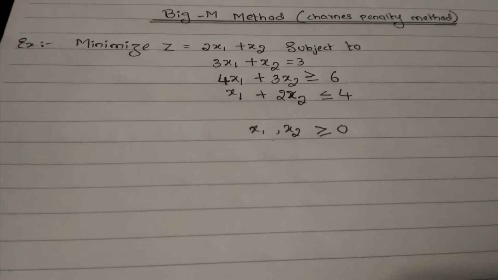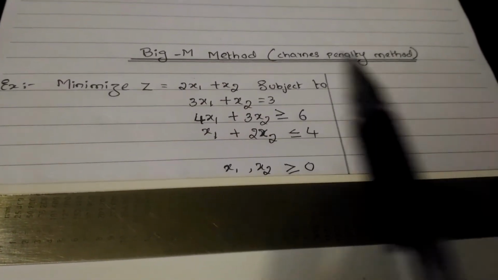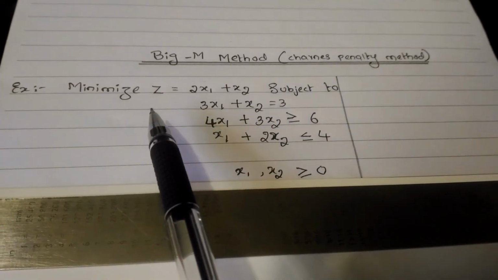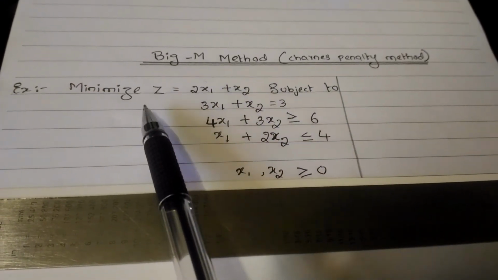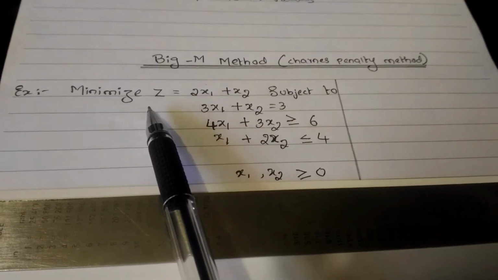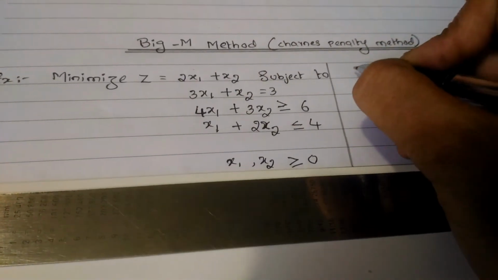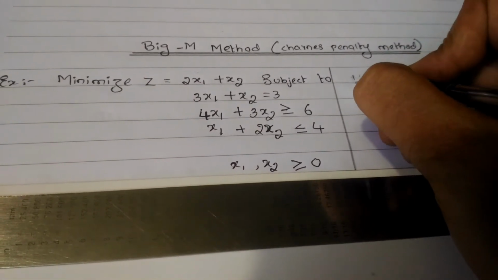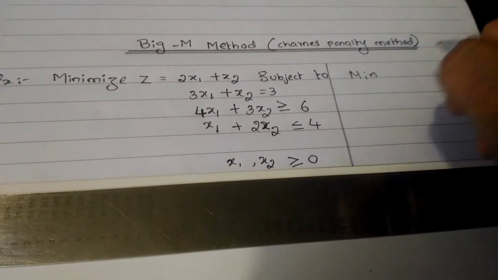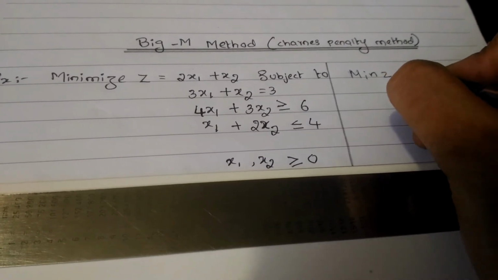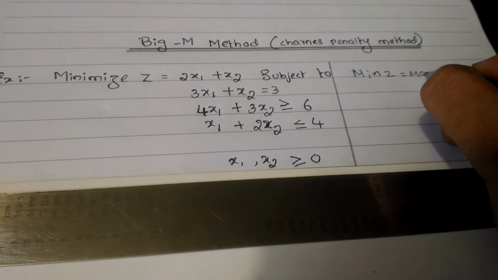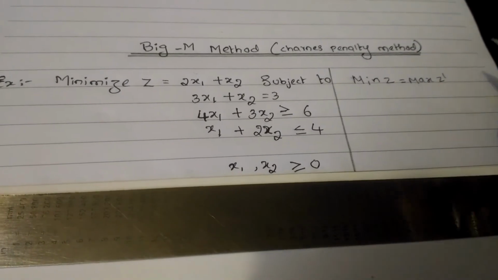So let us proceed with the solution. Since the given optimization function for a given LPP is a minimization function, we will first have to convert this into a maximization function. We have a simple formula for it. Minimum of z is equal to maximum of z complement.